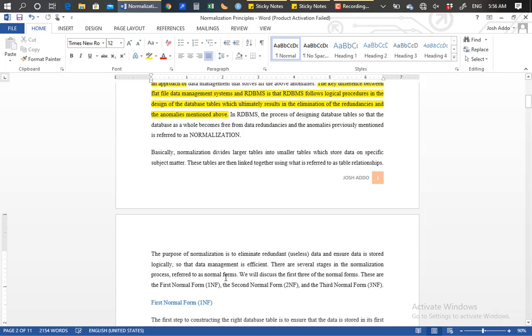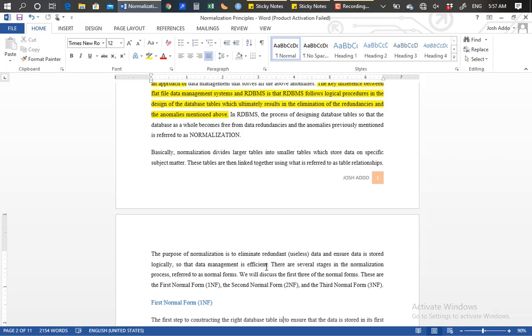We have several normal forms that you have to go through to get your database tables well normalized. But for the purposes of this lecture, we are going to talk about 3 of the normal forms. And of course, you can read on the rest. Once you can Google, you can read any textbook, you will see the additional normal forms in addition to the first 3 that we are going to discuss.